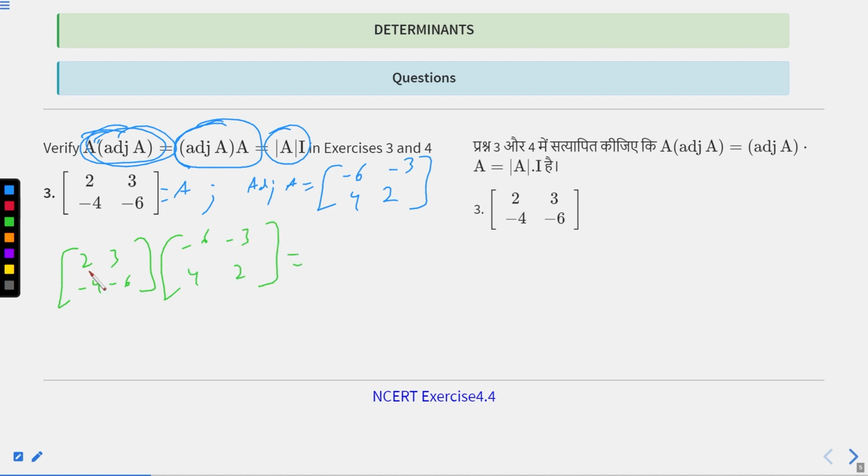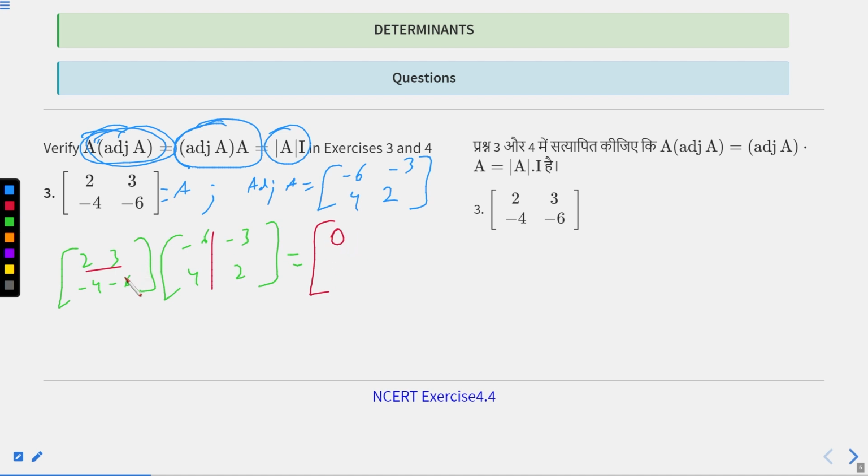And this is going to multiply with this. You will have minus of 12 plus of 12. As you can see, minus of 12 and plus of 12, this will be 0. This will be 0.